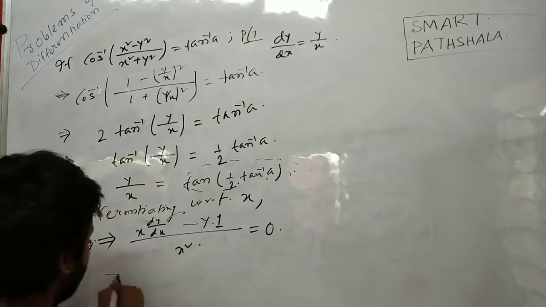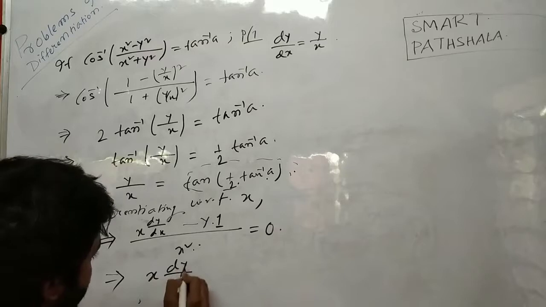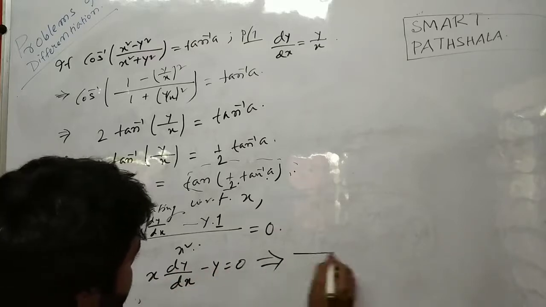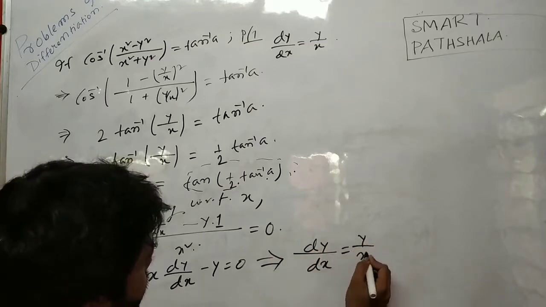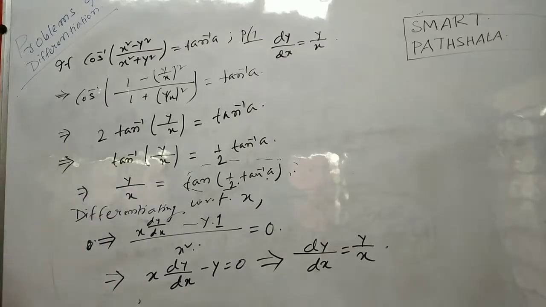Okay. Now here, when x goes this side, you will have x dy/dx minus y is equal to 0, and hence you will have dy/dx is equal to y by x. So this is the required solution.